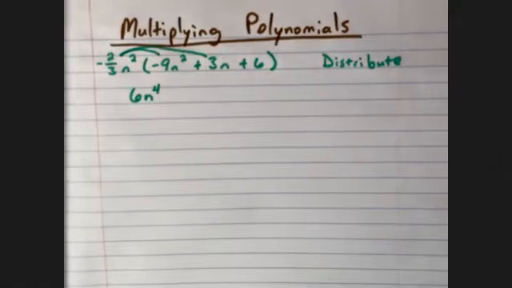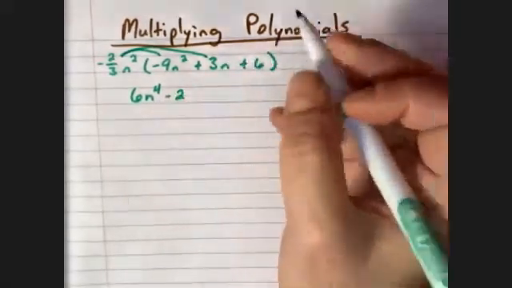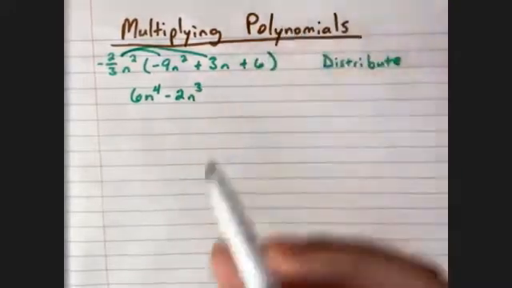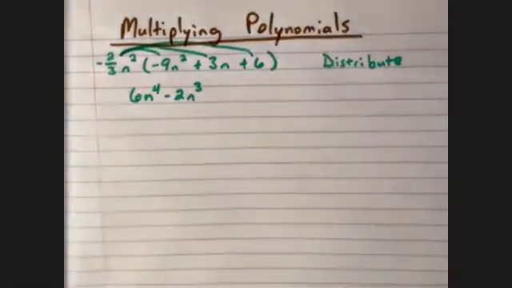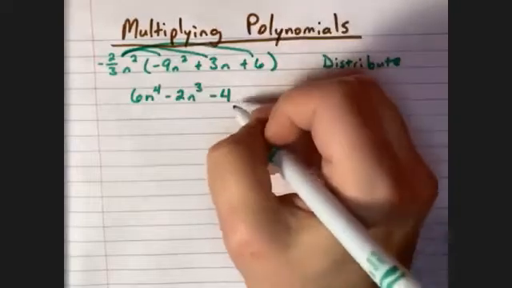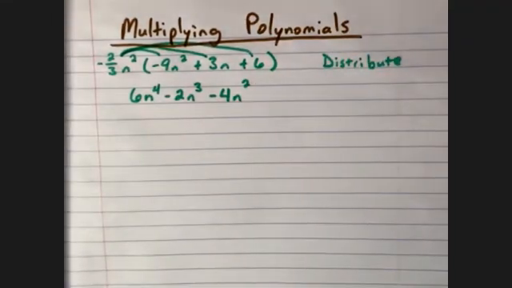Once again, the numbers, you just use a calculator and you'll get negative 2. N squared times n is n to the 3rd. And then negative 2/3 n squared times 6. The numbers you just throw in your calculator to get negative 4. And then there's no other n's, so it's just going to be n squared. And there you are, you're done.